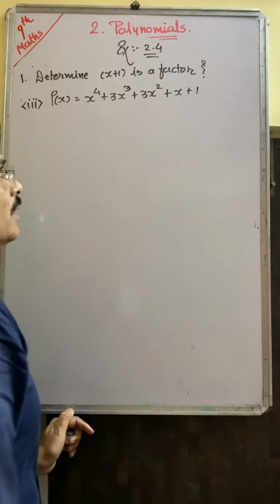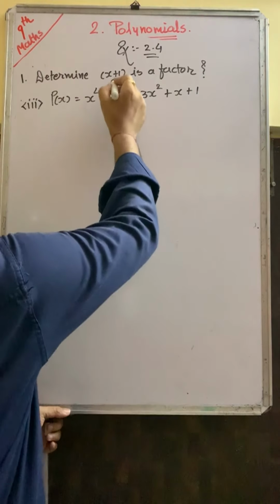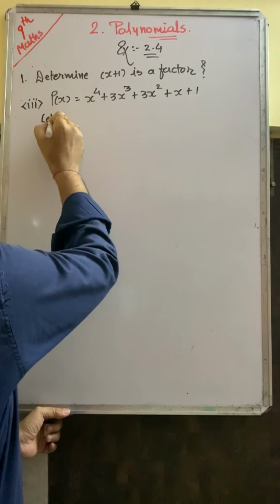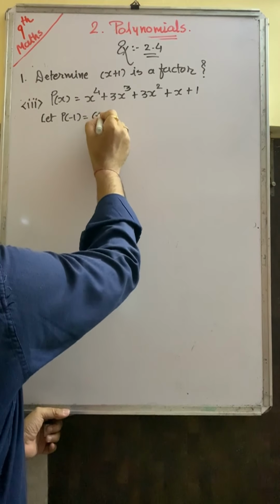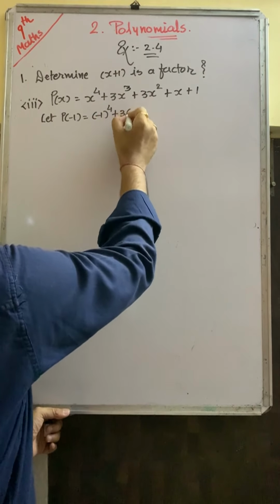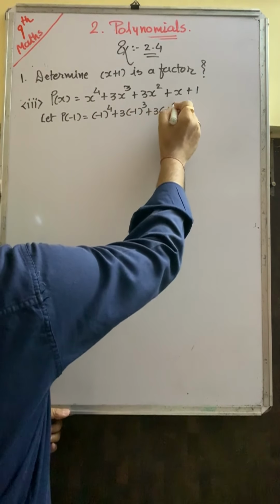We want to find whether x plus 1 is a factor of the given polynomial or not. So let the remainder be p of minus 1. Place the value minus 1 raised to 4. Wherever there is x, place minus 1.